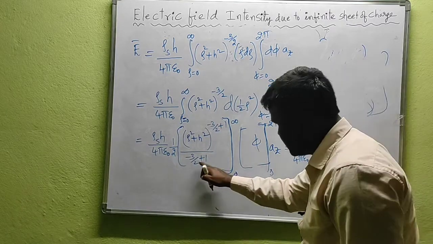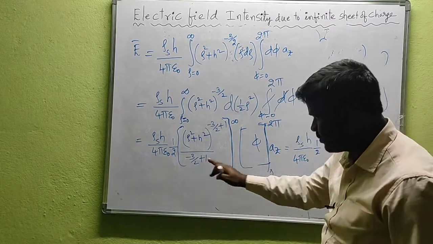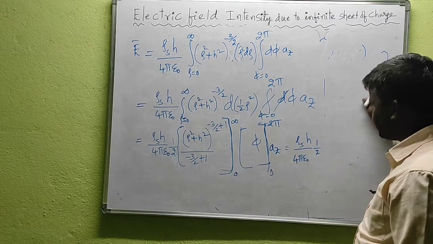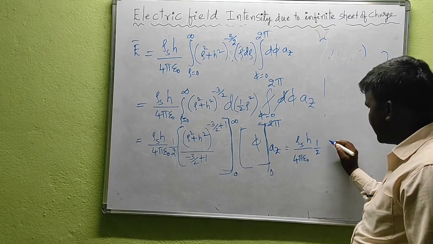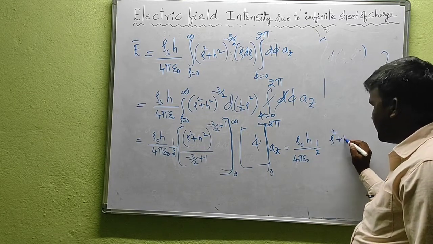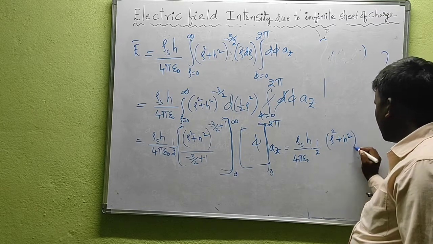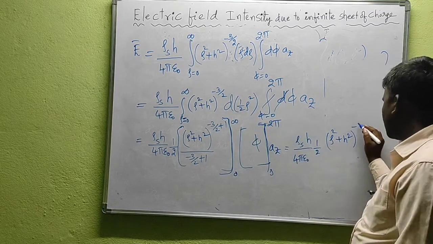And what about this denominator part? Rho square plus h square whole power minus 3 by 2 plus 1 gives minus 1 by 2.